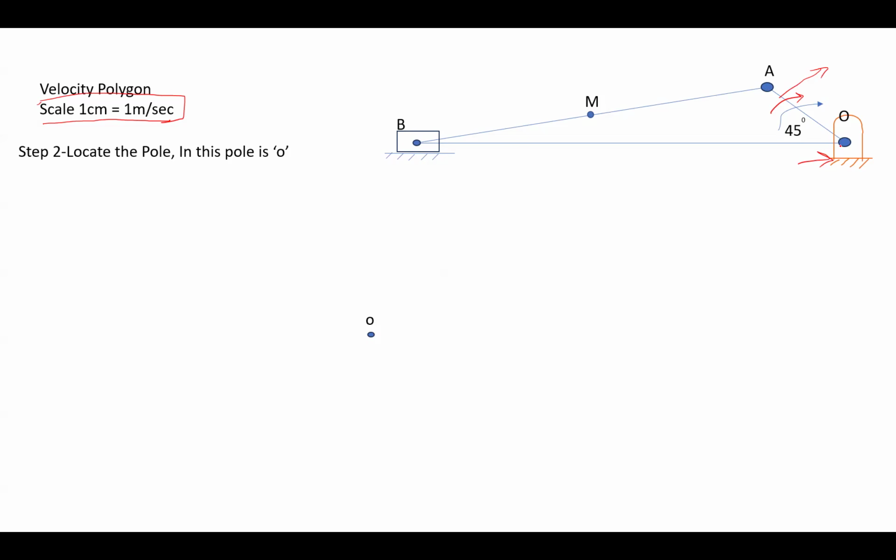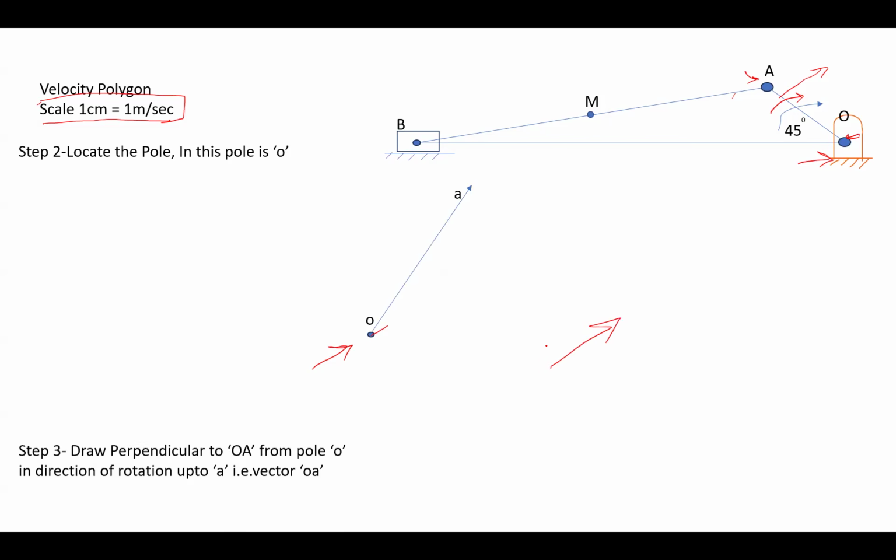One point of the OA must be available, either O or A. So we have the O. Means you have to draw a perpendicular line to OA in the direction of rotation, that is in this direction from O. So it comes here.